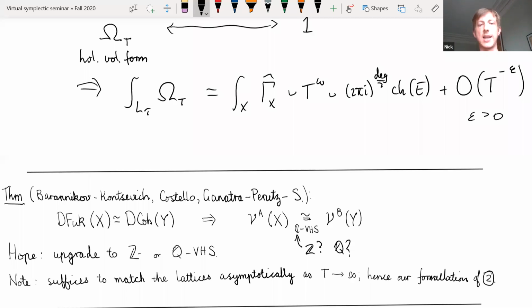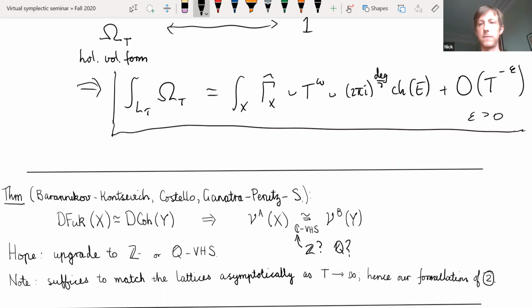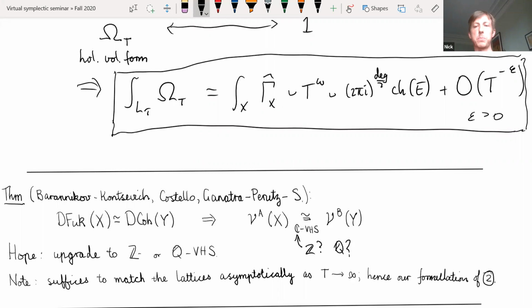And that is why in this formula here, I was perfectly happy to write a formula which is only asymptotic in T, because that would be good enough to upgrade this result.